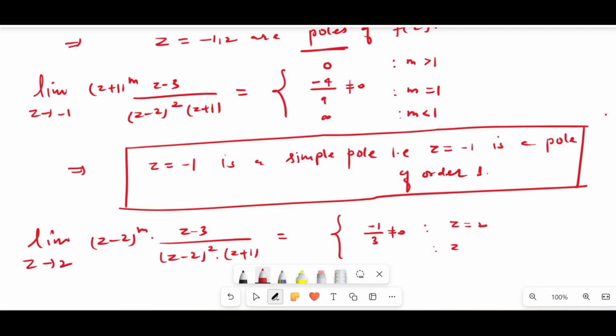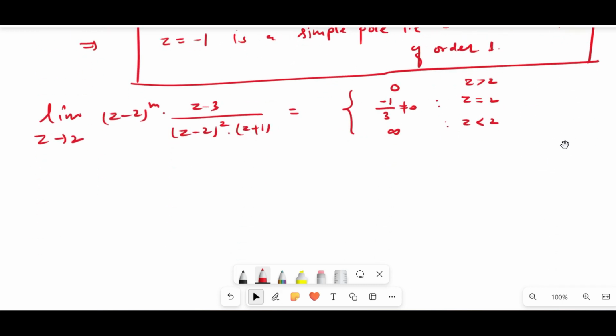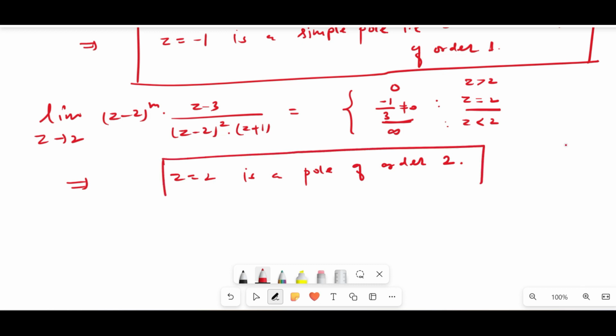If I take z less than 2, that is infinity. If I take z greater than 2, that is 0. So we can say that z is equal to 2 is a pole of order 2, because for m is equal to 2, the limit is non-zero. So this is our required answer.